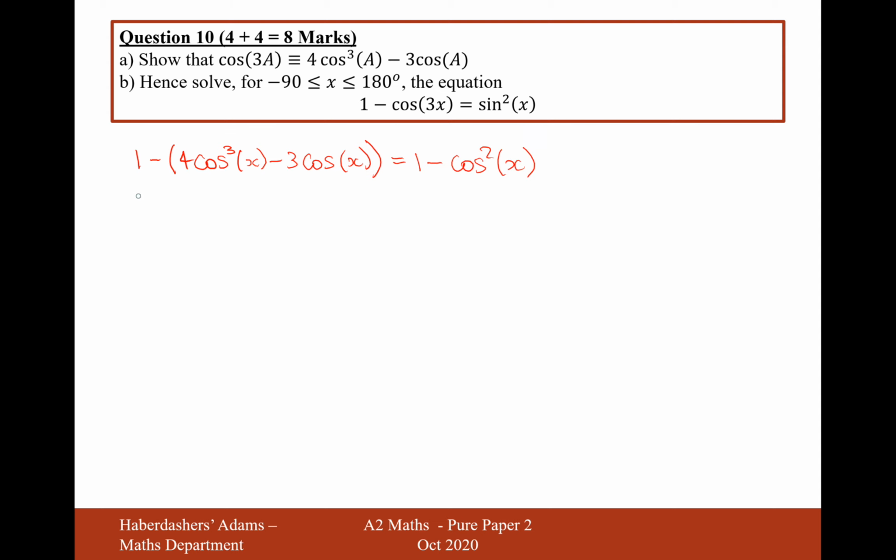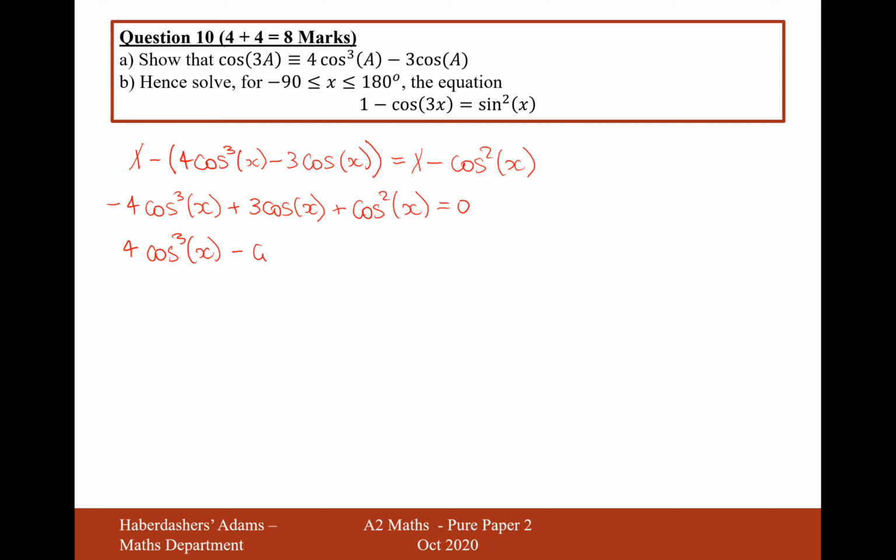So let's expand the brackets. It's going to be minus 4 cos cubed x plus, for the double negative on the bracket, 3 cos x. The 1 on each side will cancel out, and then maybe I'll add the cos squared onto the left hand side. In fact, what I'll do now is multiply by minus 1, just because I always like my highest power to be positive.